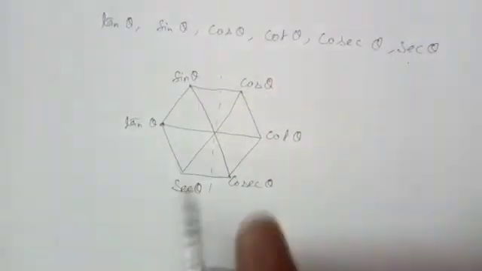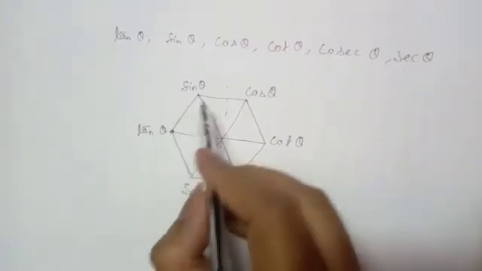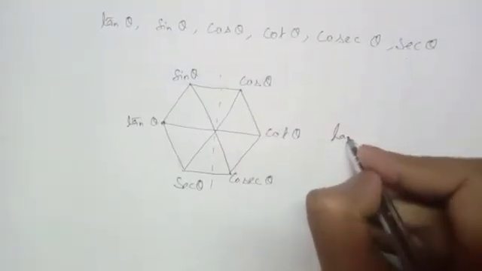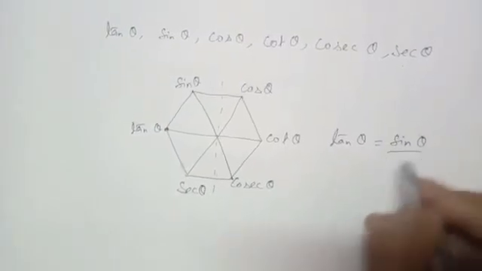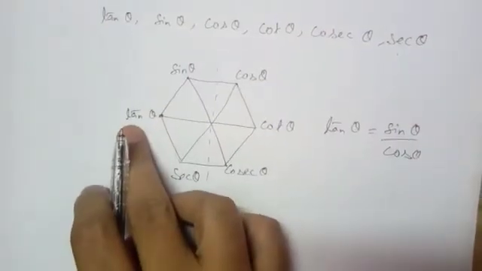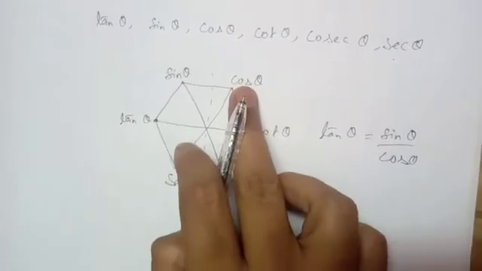Or there is one more method to remember the sequence of the trigonometric ratios along with this hexagon. Actually, tan theta is what? Tan theta is sin theta by cos theta. So simply you first write tan theta, then sin theta, afterwards cos theta.